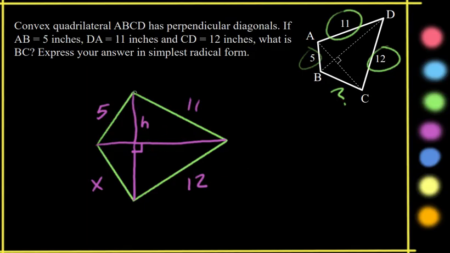In fact, you can set that height all the way to 0, because it's got to be true regardless of what that height is. If you set it to 0, you just have a length of 5 plus 11 going across here, which is a total of 16.